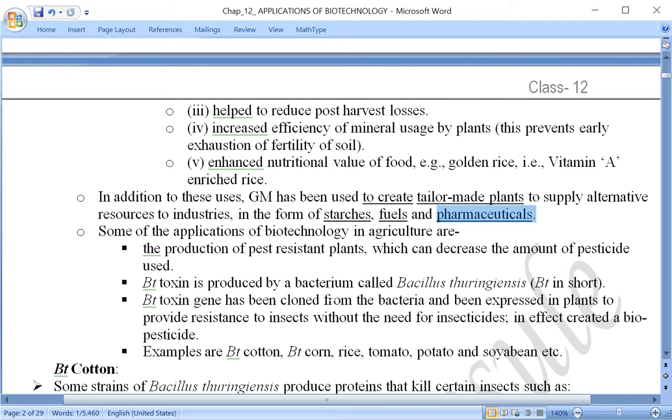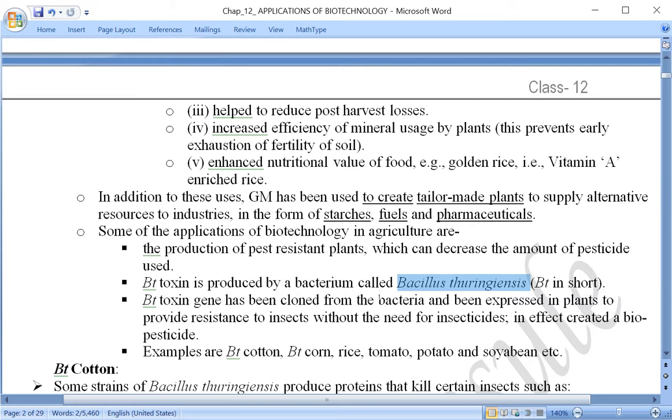If you know about BT cotton, it is a very good example. Here BT comes from the name of a bacteria called Bacillus thuringiensis. In short, B and only T has been taken, so that's why BT.